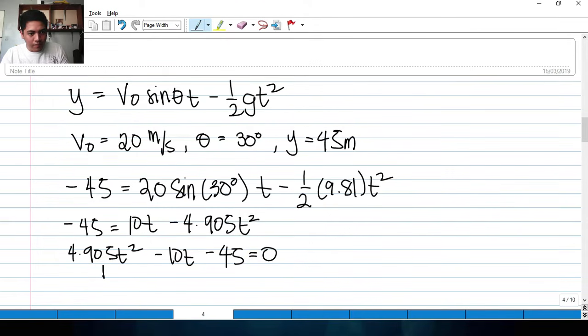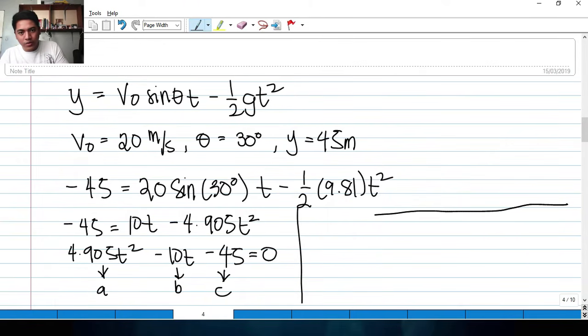And again, we have a quadratic equation here, labeling this coefficient as A, this as B, and this as C. If we wish to find the roots of that equation, we shall be using the quadratic formula.